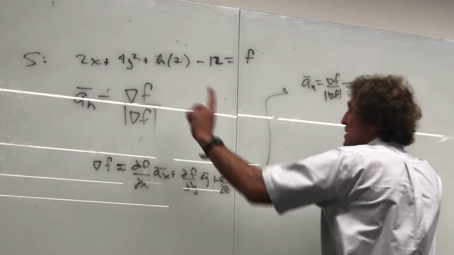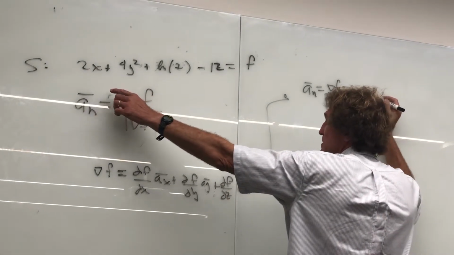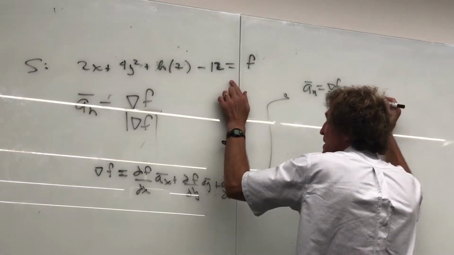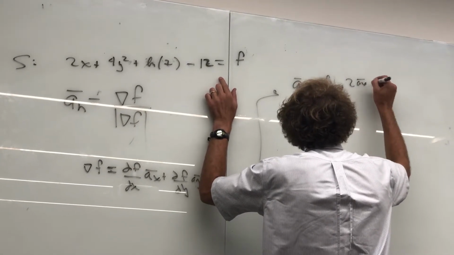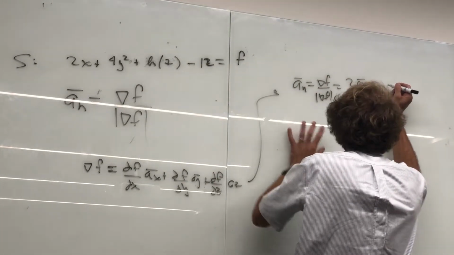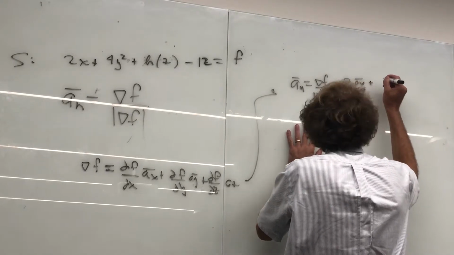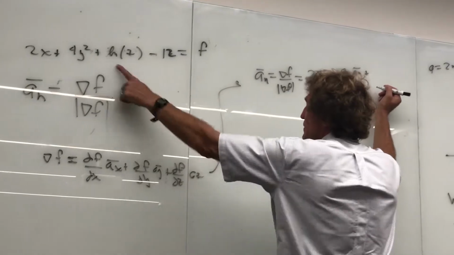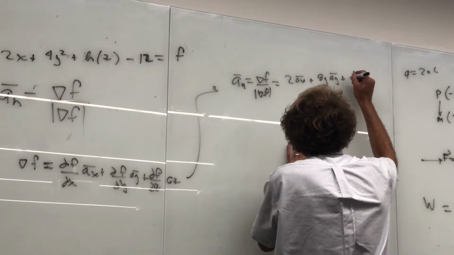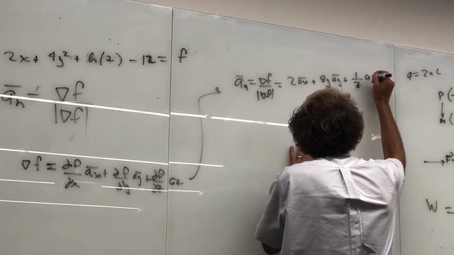Here it becomes, well, what is the gradient of this? Take a derivative of this with respect to x, you get what? 2ax. Derivative with respect to y? 8y, and that's in the ay direction. And the derivative of this with respect to z? 1 over z, az, right?